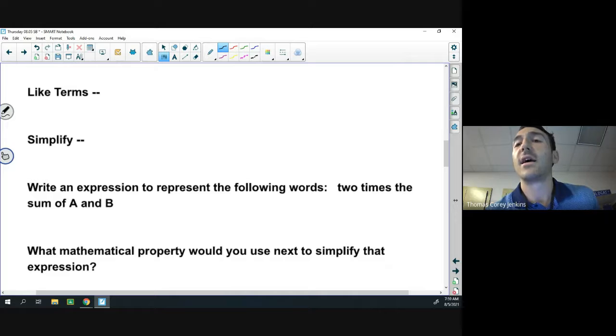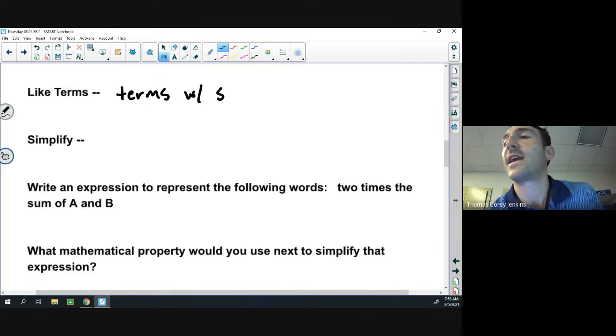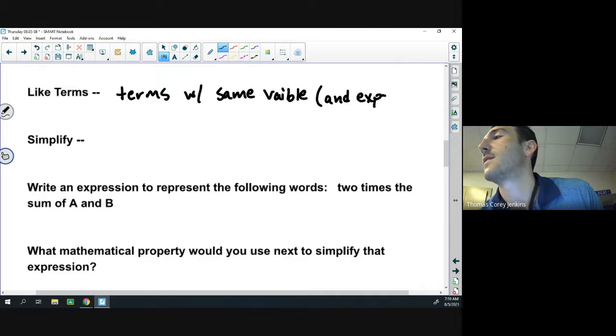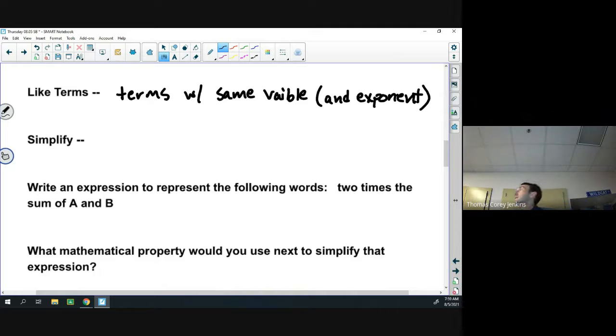So let's just say terms with same variable (and I will just put that in parentheses) and exponent. In other words, 2x and 2x squared aren't like terms, right? Because one has a 1 variable, the other one has a 2 variable, right?